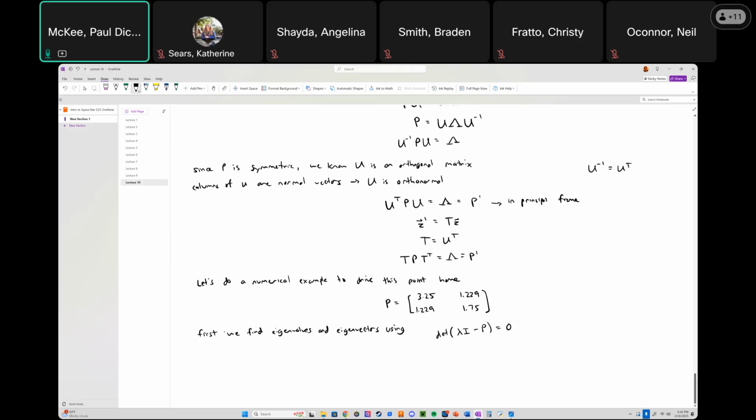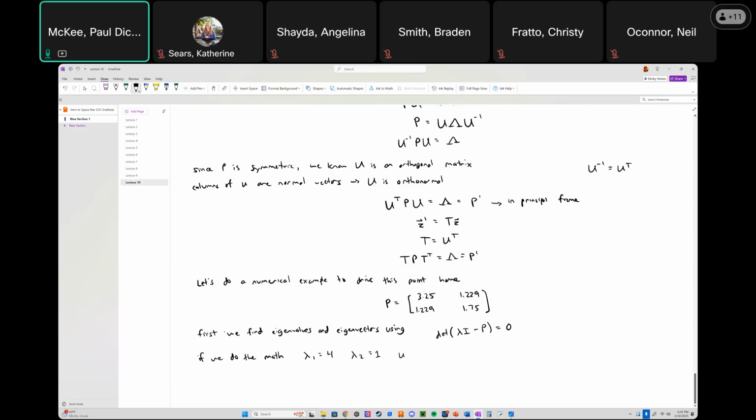That's the characteristic equation of an eigendecomposition problem. And if we do the math, we will find the first eigenvalue is 4, and the second eigenvalue is 1.